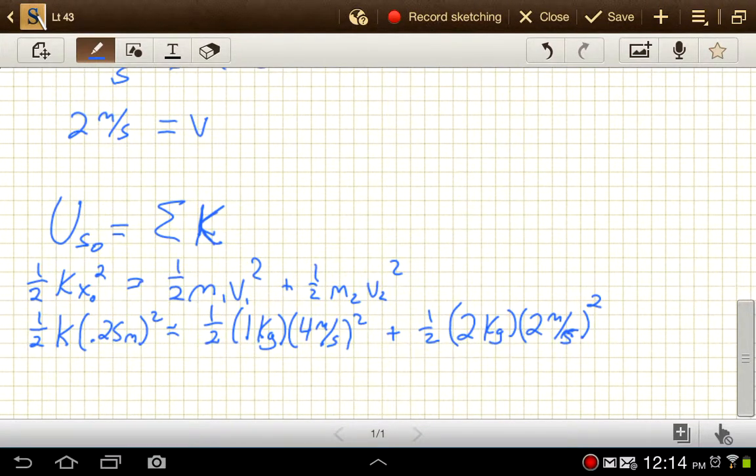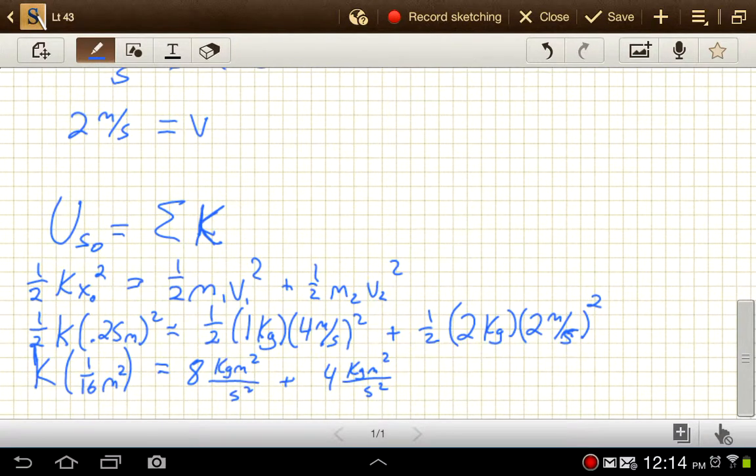And then on the left side, we're going to have 0.25 squared, so that's 1/8, and then times 1/2 is 1/16. So k times 1/16 meters squared is going to be equal to 4 squared is 16 divided by 2, so that's 8 kilogram meters squared per second squared, plus 2 squared is 4 times 2 is 8 divided by 2 is 4 kilogram meters squared per second squared.